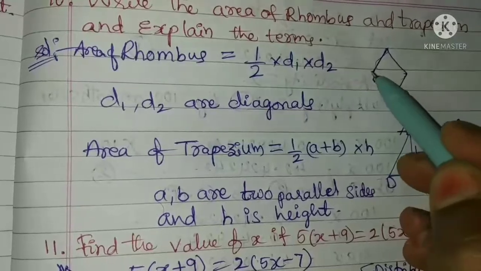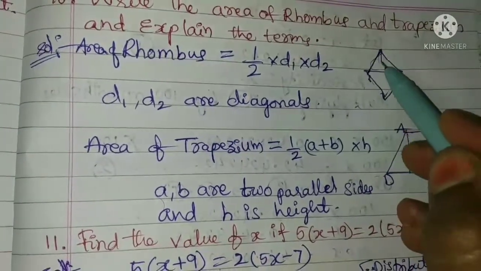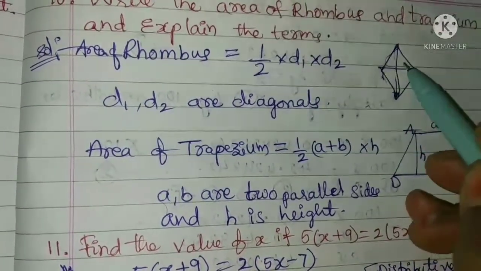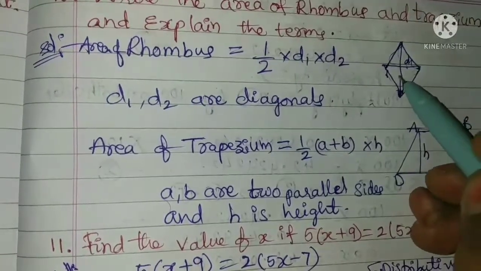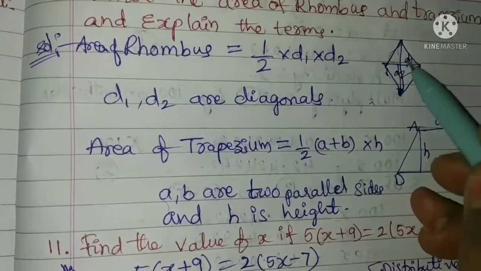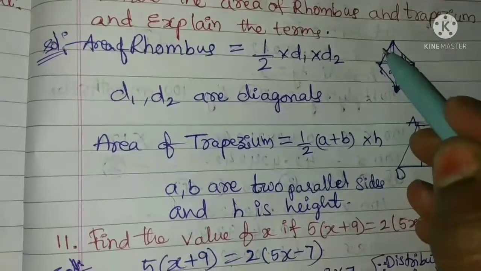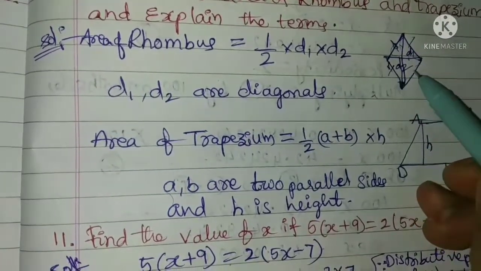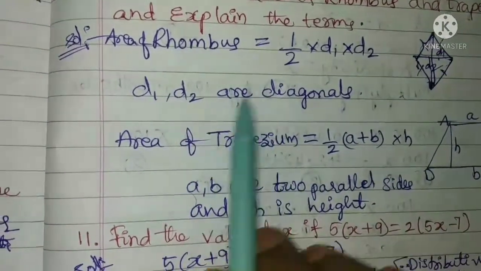It's like a square, all sides are equal, and these are two diagonals, d1 and d2. Half into d1 into d2. Okay, d1 and d2 are diagonals.